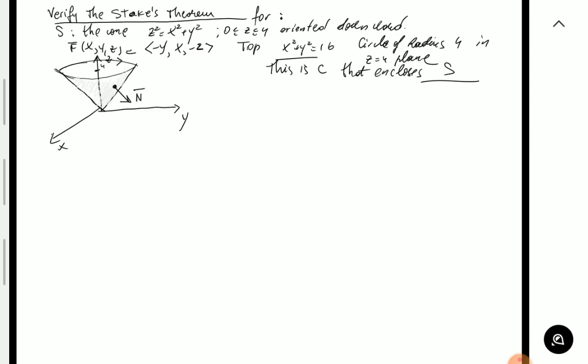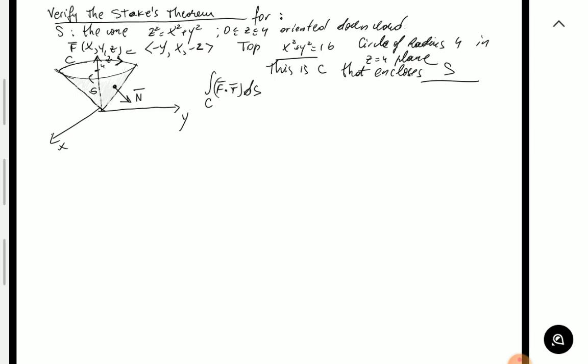So basically this is the motion on the curve. So let's keep that in mind. So this is C. And this is again S. So let's start by doing first the left side of the equality. Let's compute the integral using a line integral, F dot T ds.